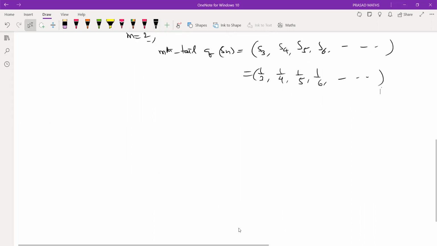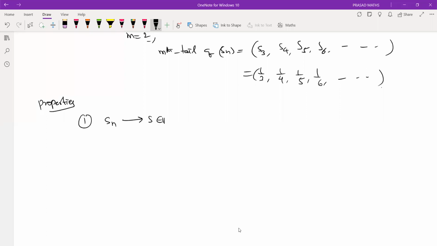Now, look at what is the relation between the tail of the sequence and the properties of the sequence, the convergence of the sequence. So let us go to the properties. First one: suppose Sn converges to S, a real number.